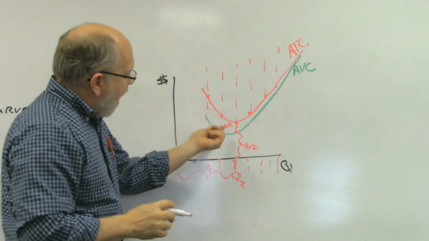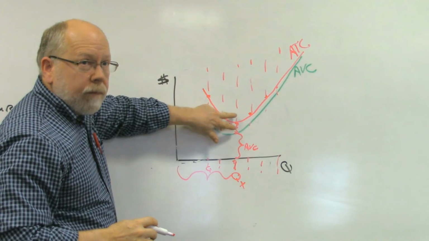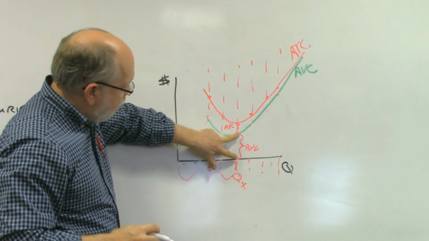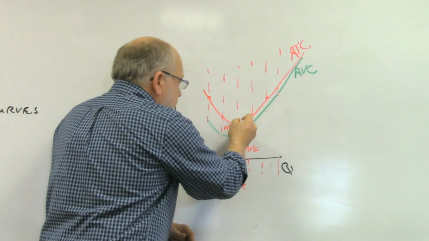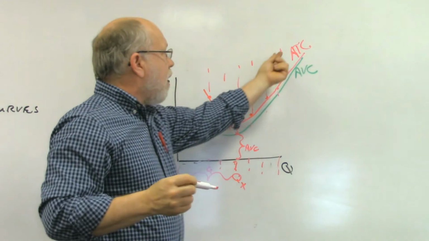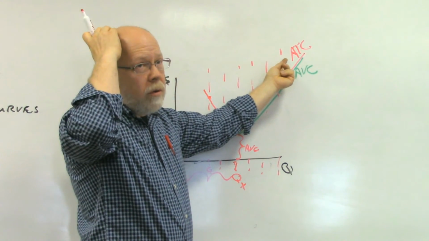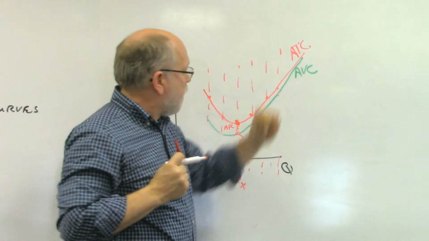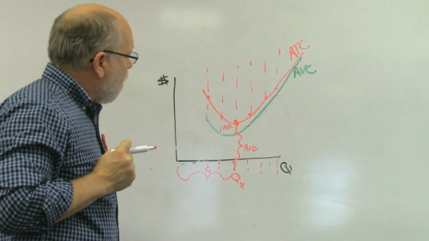We take our average fixed cost, add it to our average variable cost, and we get this top curve right here, which is called our average total cost curve.